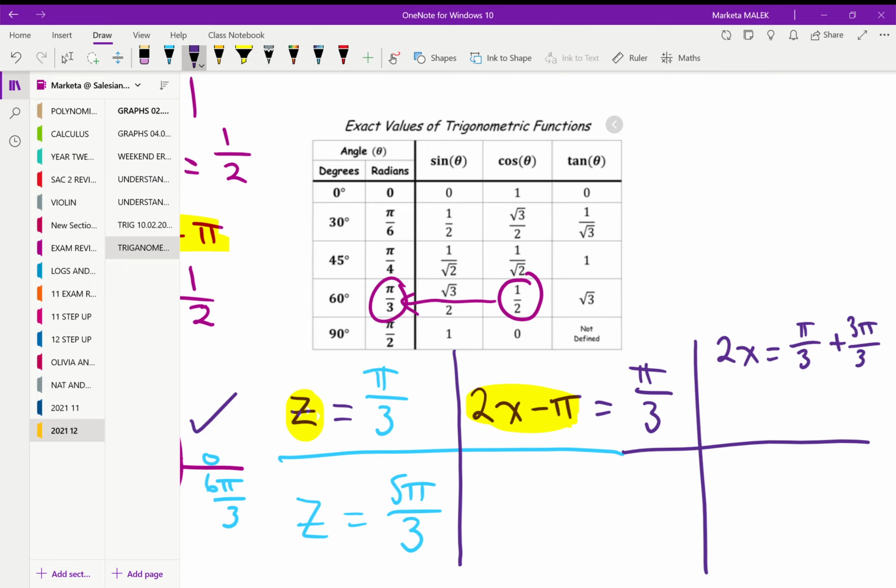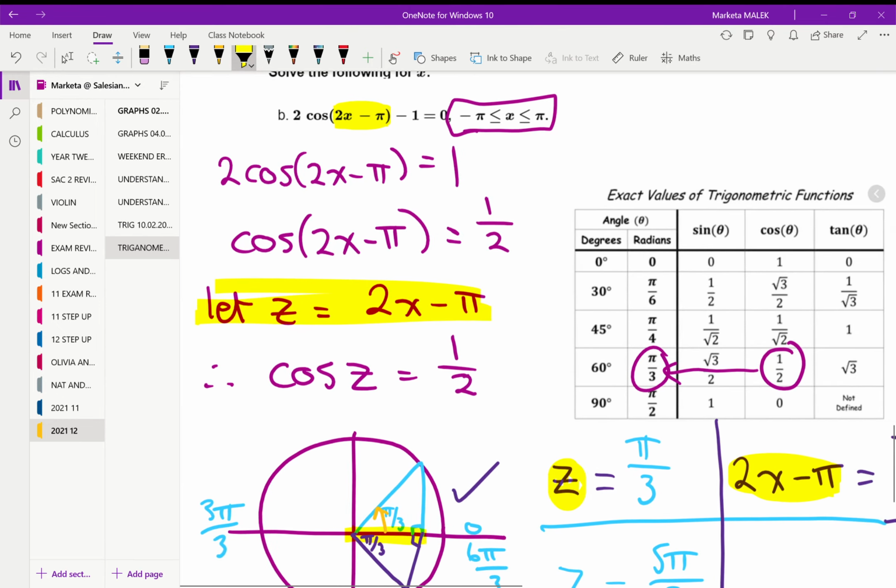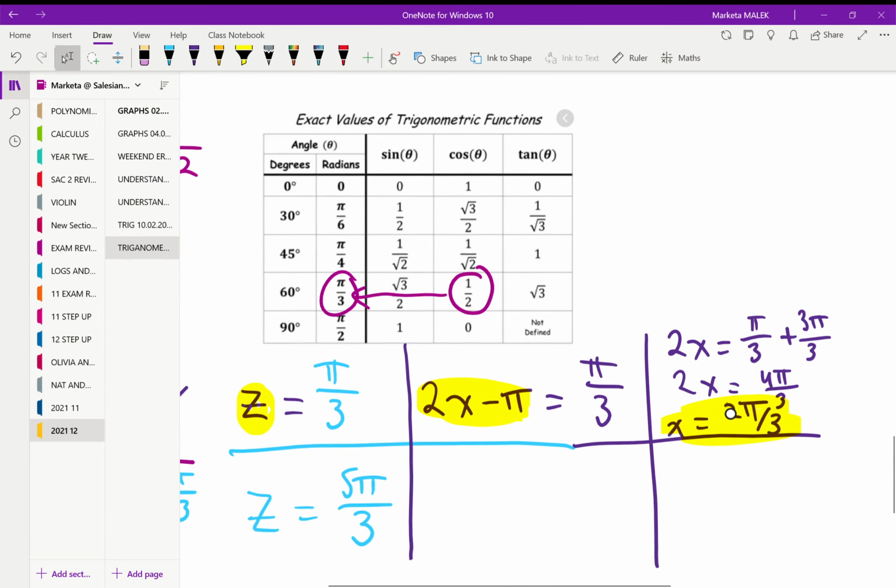So that's going to be 4 pi on 3. And x equals, divide by 2, 4 pi on 6. So that's going to be 2 pi on 3. And let's see, is it part of the domain? We're going from negative pi to pi. Yes, it is. So that's one of our answers.